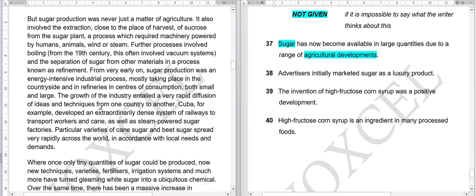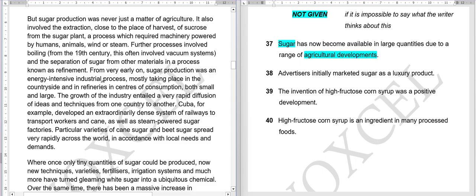Let's read this paragraph. But sugar production was never just a matter of agriculture. It also involved the extraction, close to the place of harvest, of sucrose from the sugar plant, a process which required machinery powered by humans, animals, wind, or steam. So they're talking about process here now. Further processes involved boiling from the 19th century. This often involved vacuum systems and the separation of sugar from other materials in a process known as refinement.